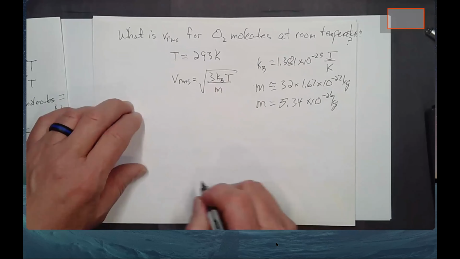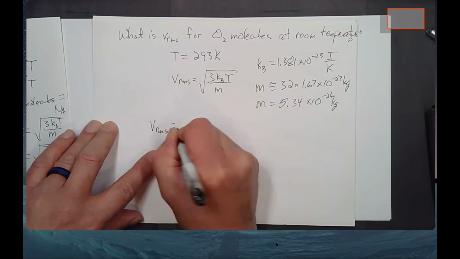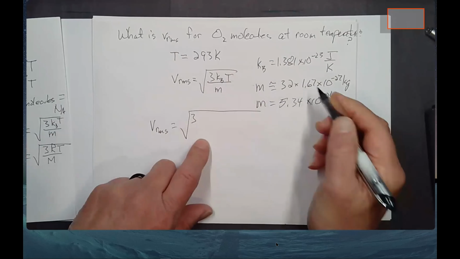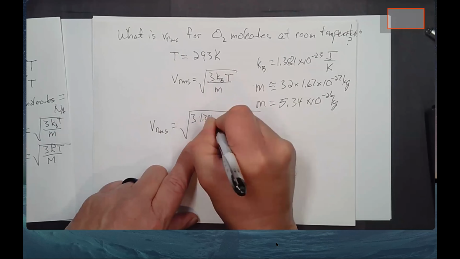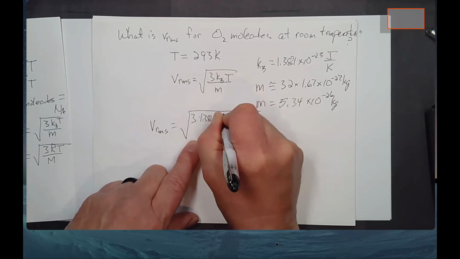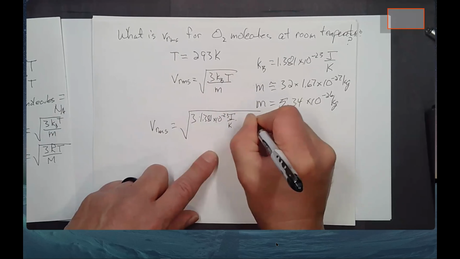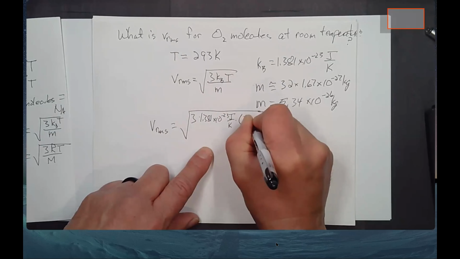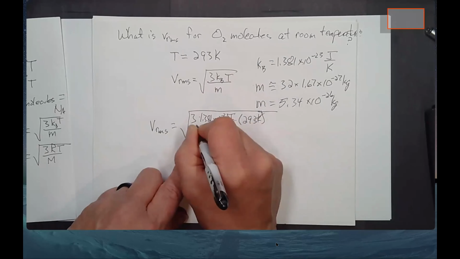Okay, so now we can do this problem. VRMS for an O2 molecule is going to be the square root of 3 times Boltzmann's constant, 1.381 times 10 to the minus 23rd joules per Kelvin, times the temperature, which is 293 Kelvin. So Kelvin will divide out.